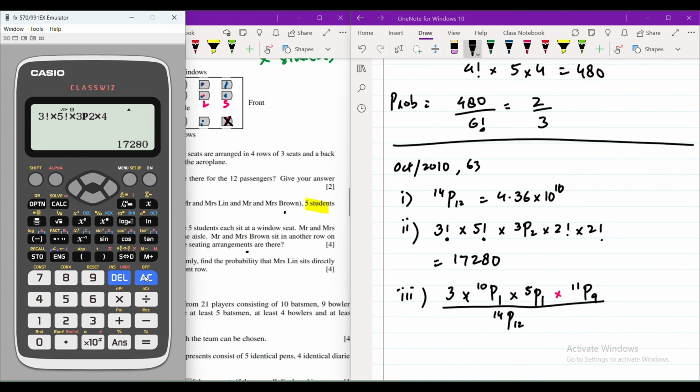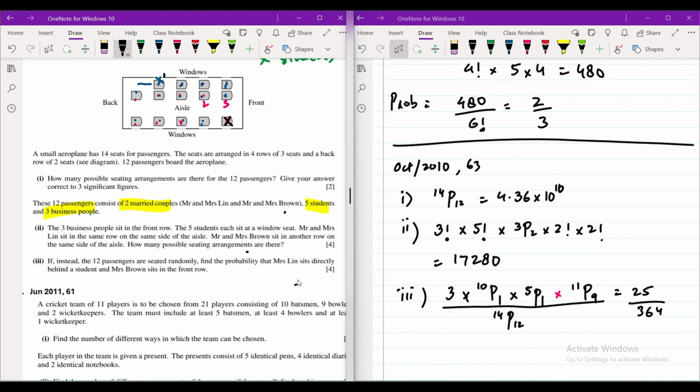So we have 3 times 10p1 times 5p1 times 11p9, divided by 14p12. We get this value, 364. So this is your answer.